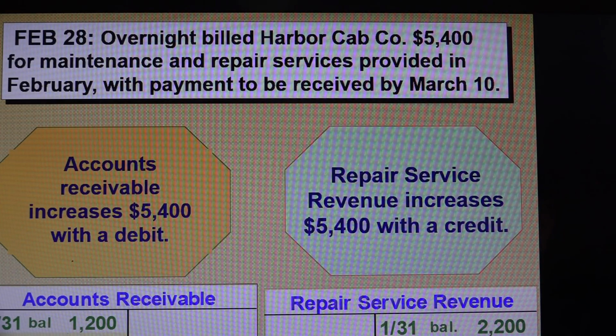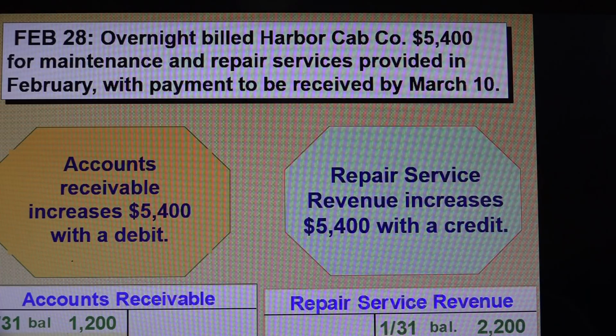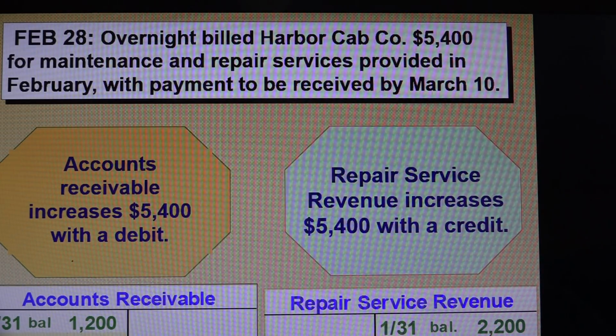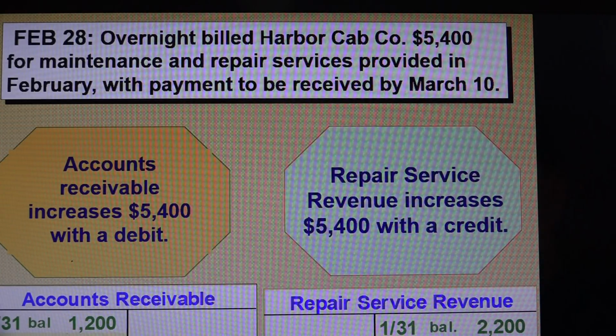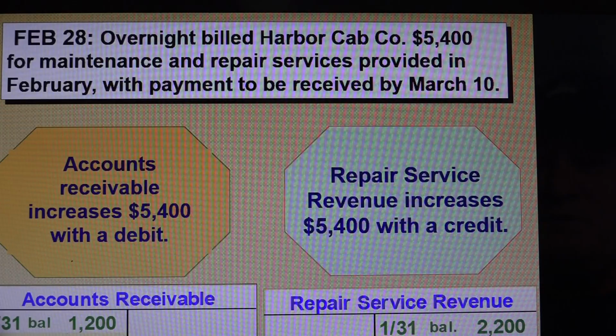So we provided the service in February, even though we're not getting paid until March. So we're going to recognize the revenue in February. It's on account to be paid in March. So we increase by debiting our accounts receivable. And of course, since we've earned the revenue, we increase our revenue account by $5,400.